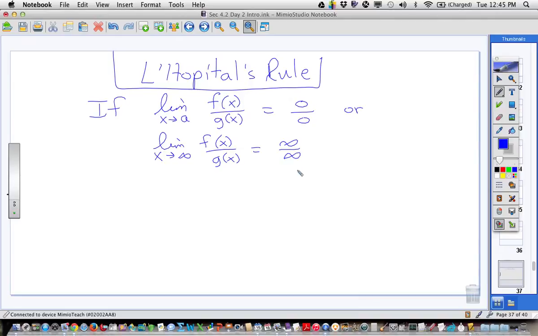Now, I suppose it could work the other way around. You could have x approaches a, or x approaches infinity could be a 0 over 0, too.